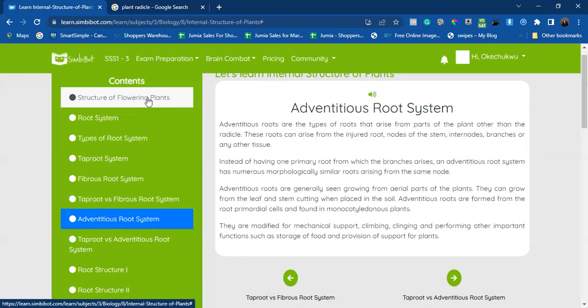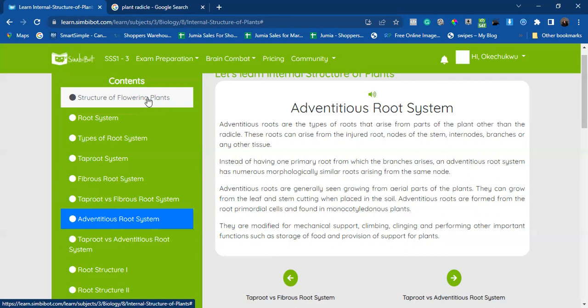That seed is what we regard as the embryo, right? The embryo. So the roots will begin to form. Any root that shoots out from the embryo can fall into the taproot or the fibrous root.